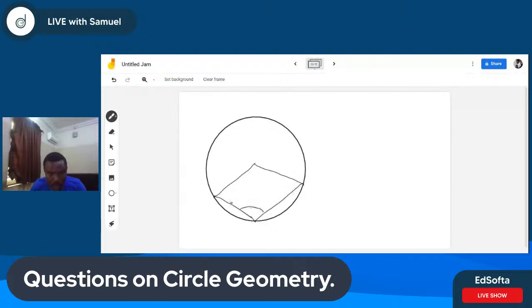They said this angle is 2x plus 15. They said this angle is 86 degrees. They said we should find x.